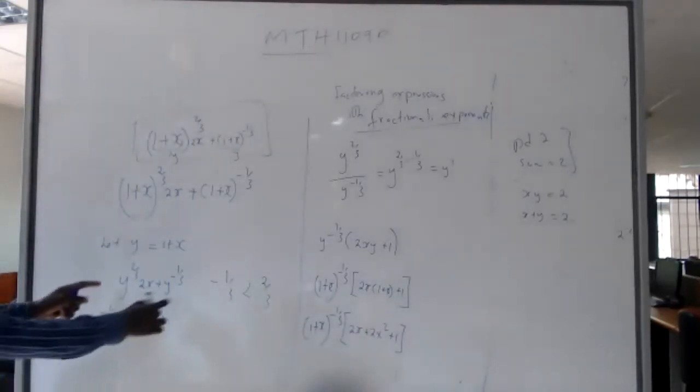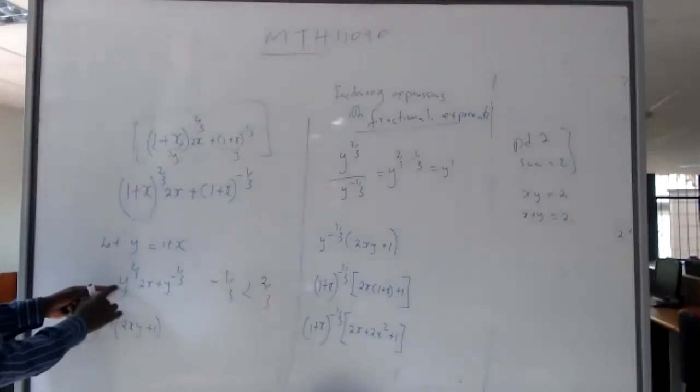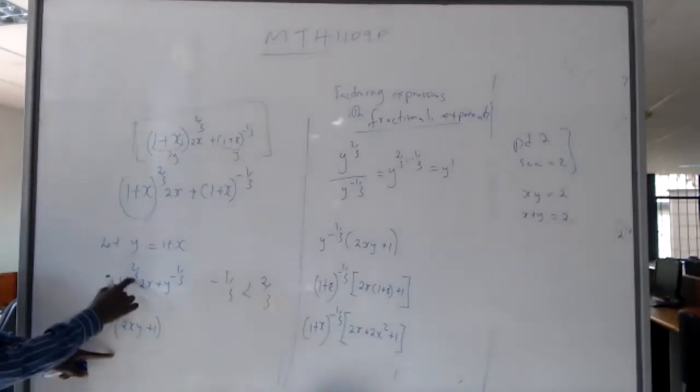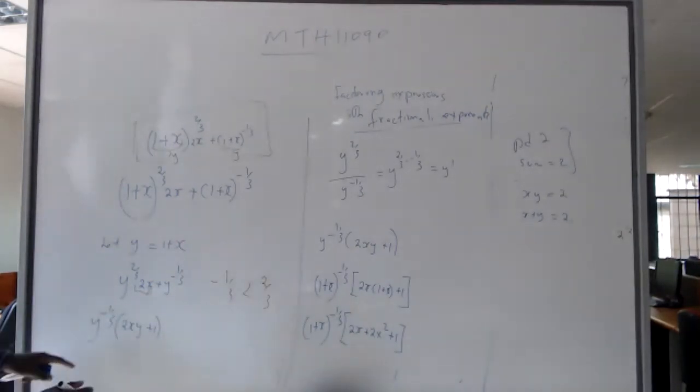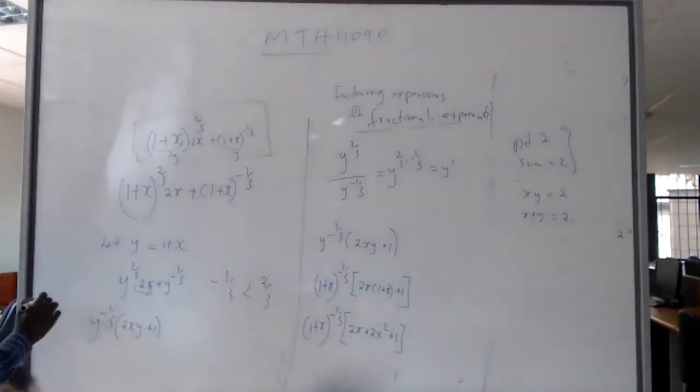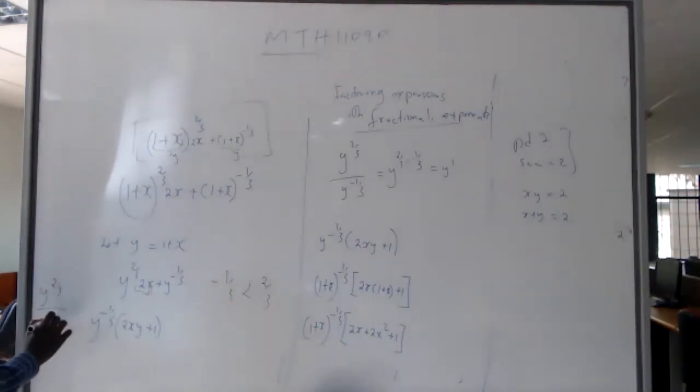I factor out y to the power negative a third. In the first term, we'll have 2x, and what should come next is y to the power 2/3 divided by y to the power negative a third.